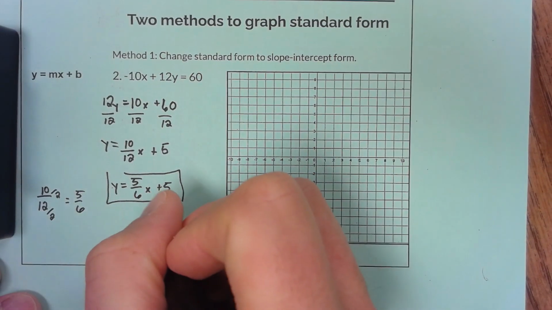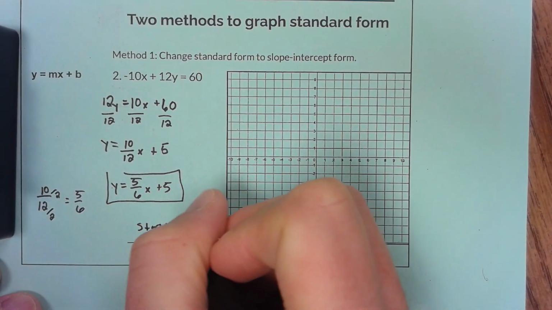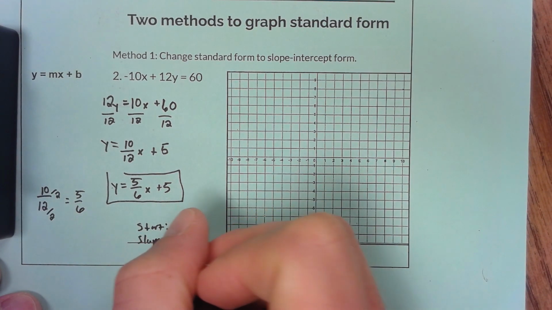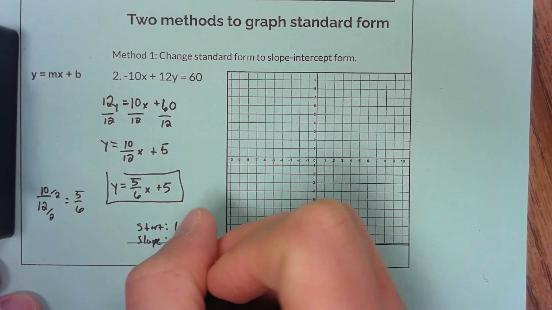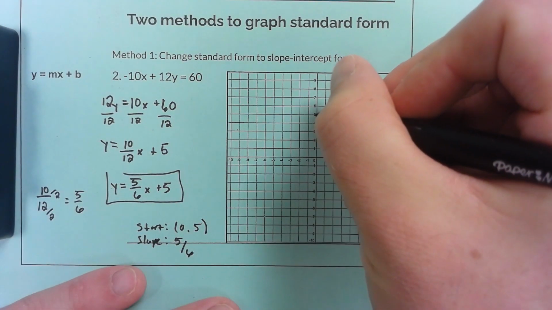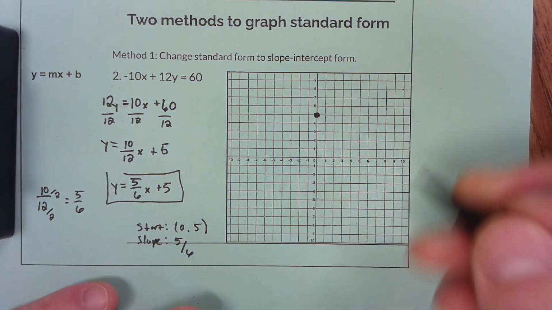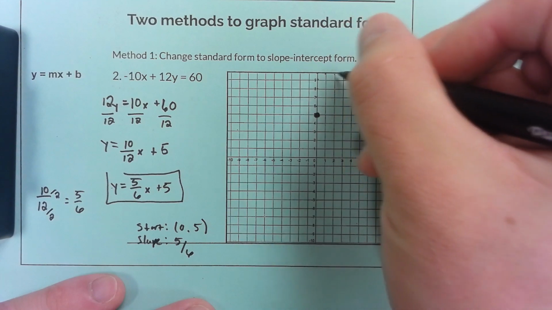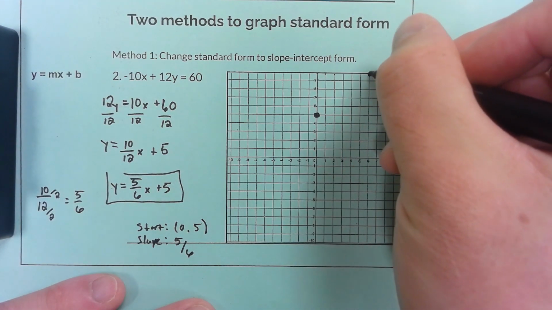So here, our start point is at 0, 5 once again, and then my slope is 5/6. So I'm going to go up to my y-intercept at 5. My slope of 5/6 has me going up 1, 2, 3, 4, 5, and then right 1, 2, 3, 4, 5, 6.